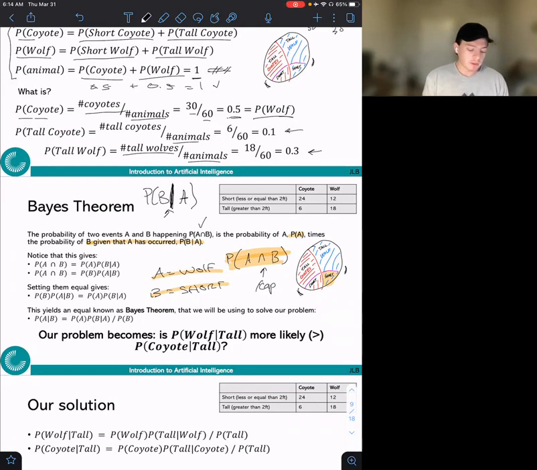So what is the probability of B given A? This is the first thing that you'll see with conditional probabilities, and we will see how we can use conditional probabilities to solve our problem.